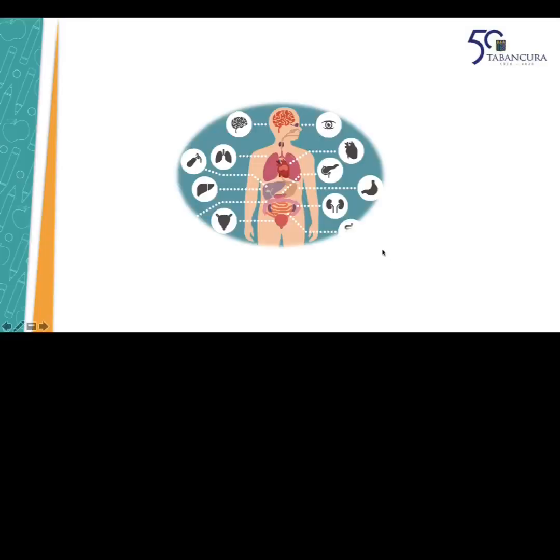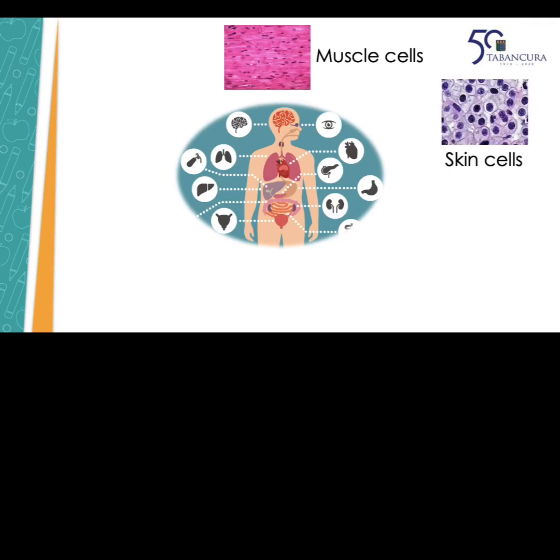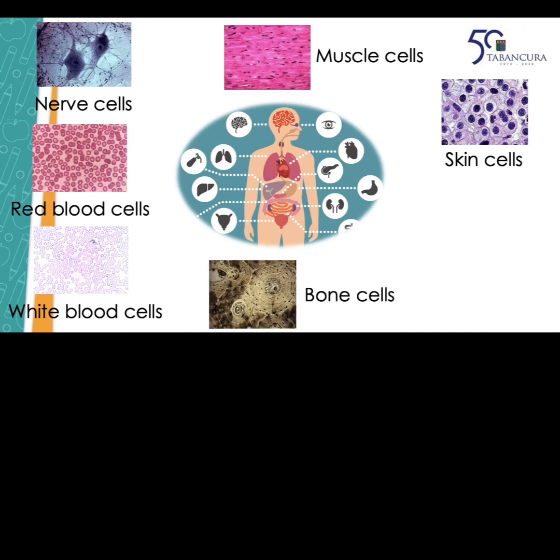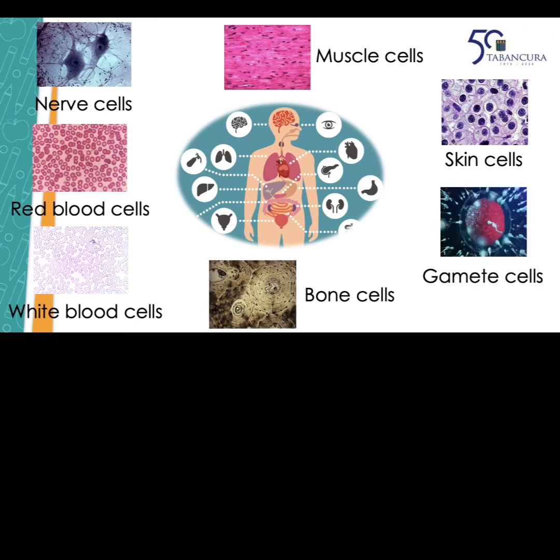The human body is made up of hundreds of different kinds of cells. Examples of cells in our body are muscle cells, skin cells, nerve cells, red blood cells, white blood cells, bone cells, and gamete cells.